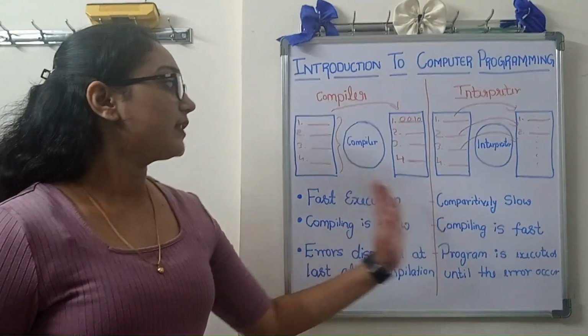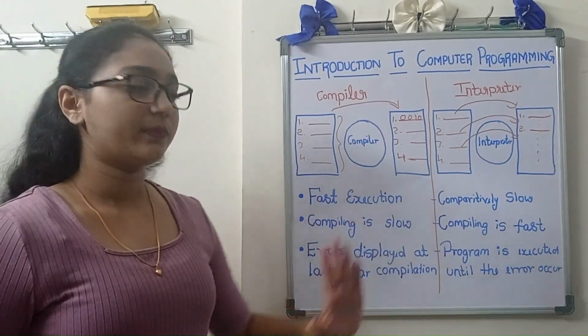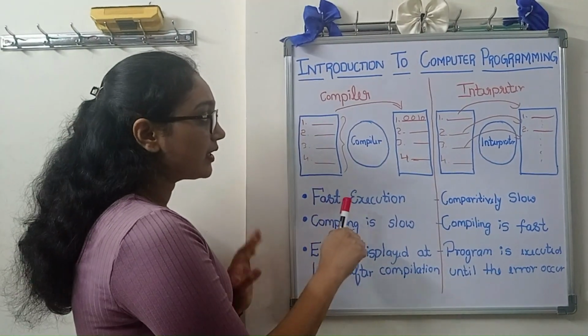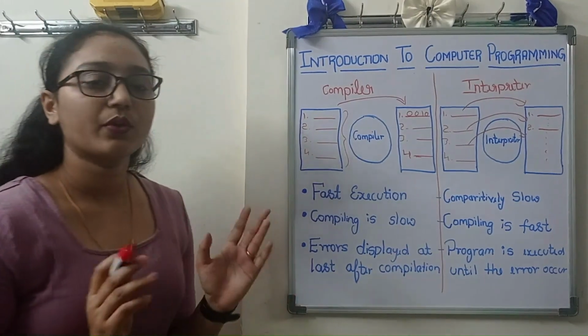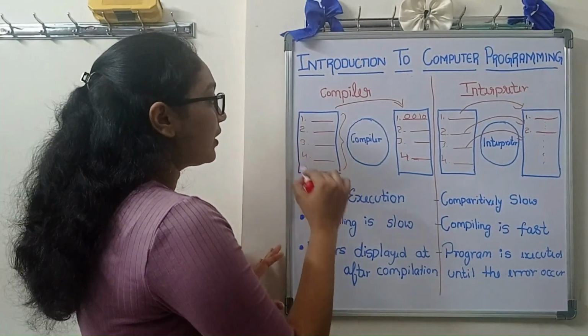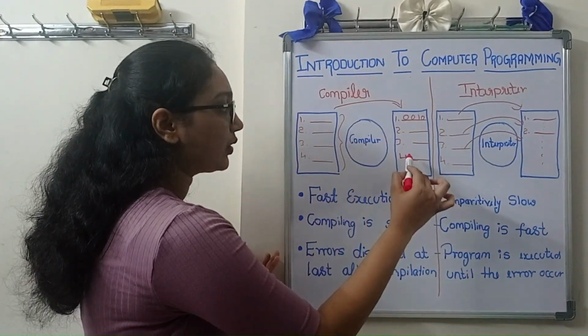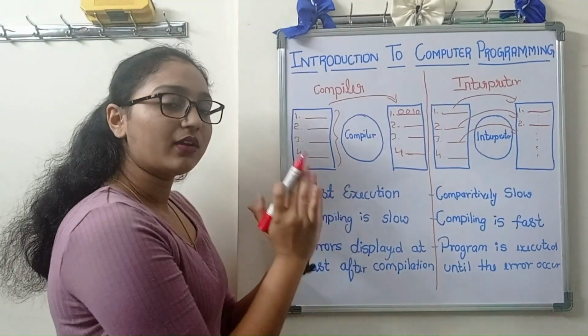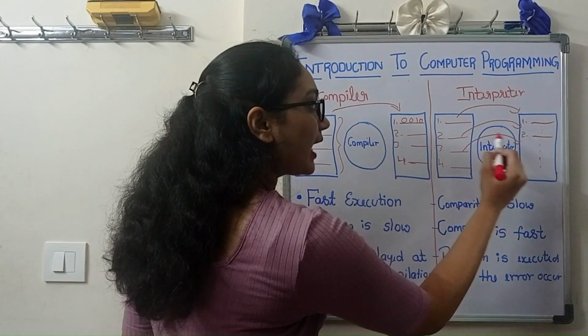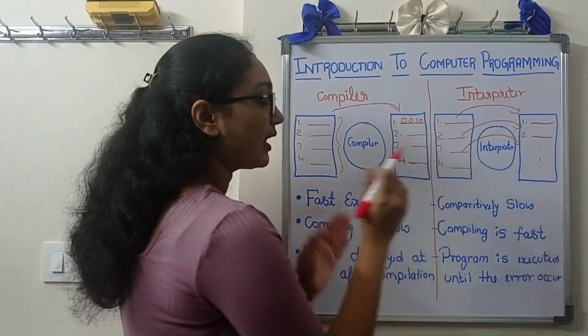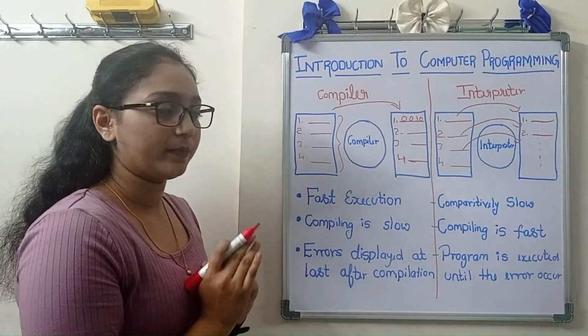So there are some differences between the compiler and the interpreter. The execution is fast in a compiler compared to an interpreter. Why? Because as the whole code is compiled at once, the execution will get faster. Whereas in an interpreter, each line is compiled, so the execution will get slower.